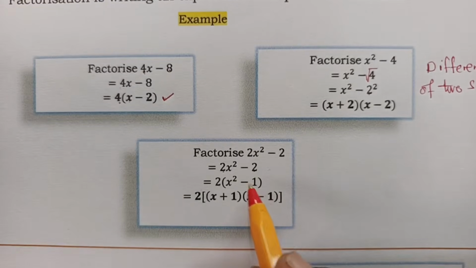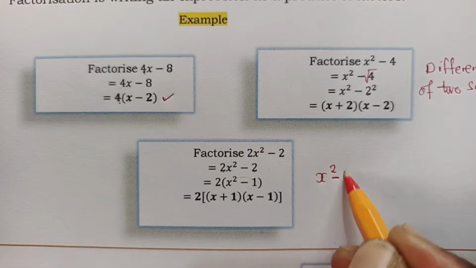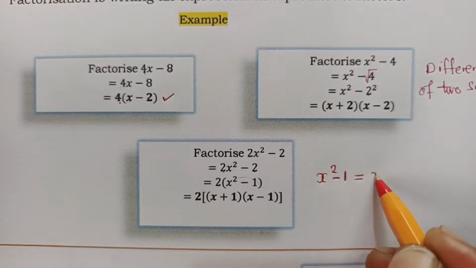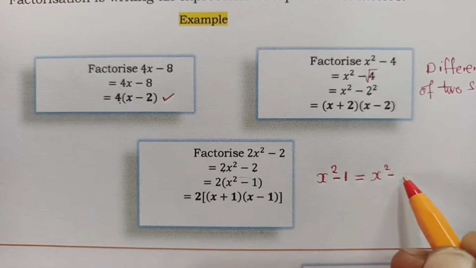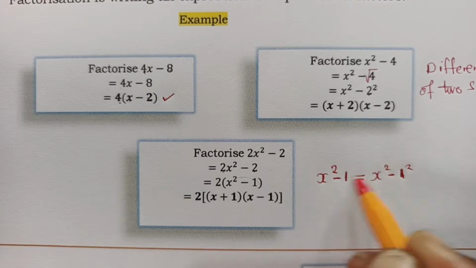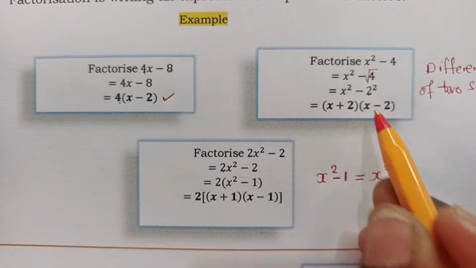Have you seen? If you now can see inside here, we can apply difference of 2 squares because we've got x power 2 minus 1. So difference of 2 squares can be applied. We shall just say x power 2 minus 1 power 2. Even if we don't write 1 power 2, we know because the square root of 1 is a 1. So 1 power 2, like we did here.